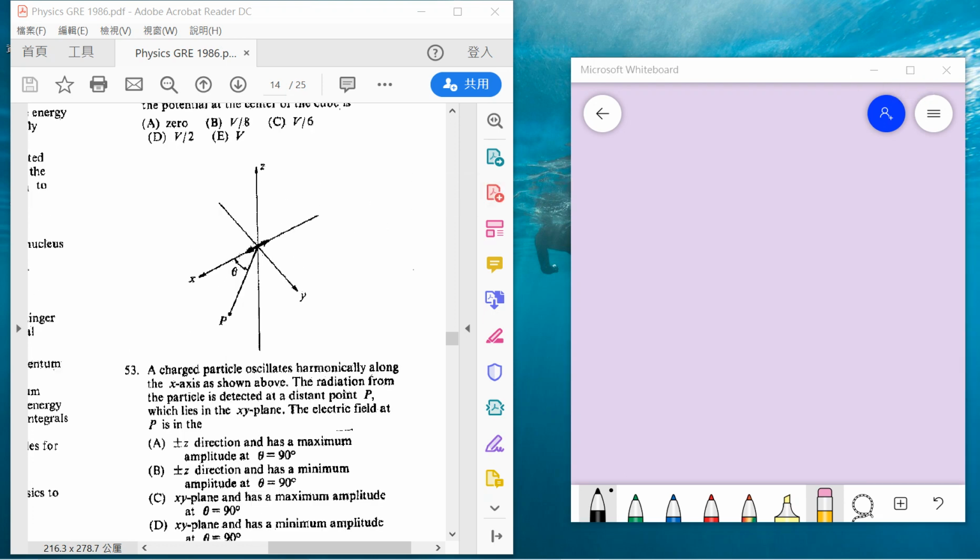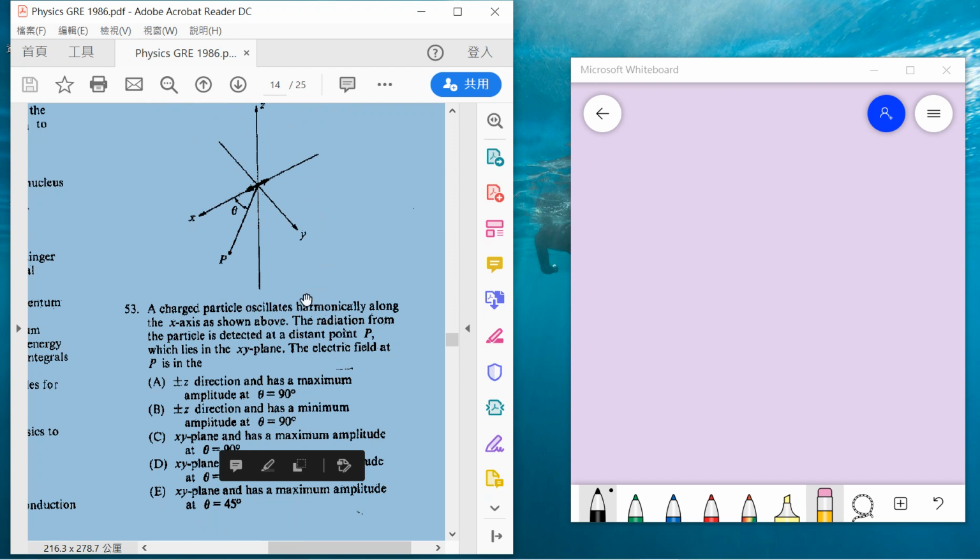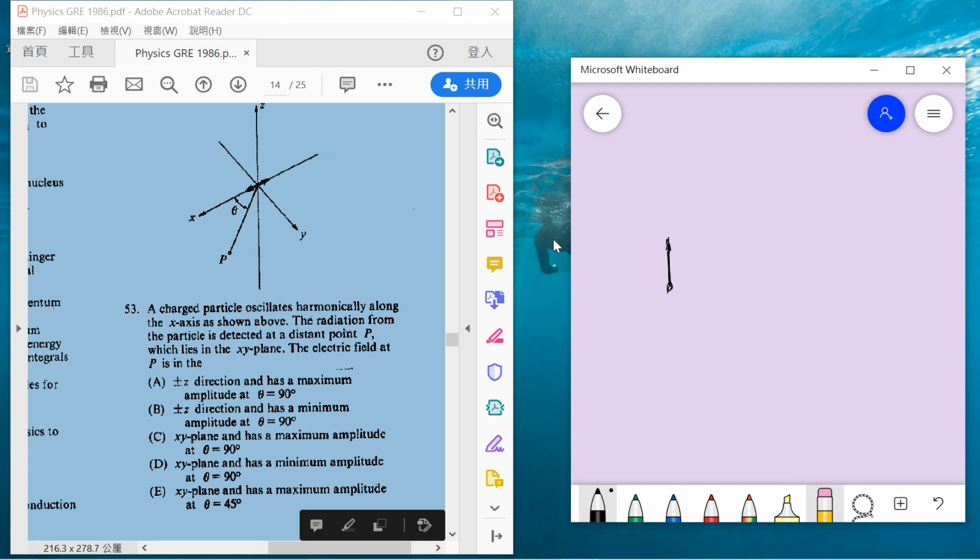This is a dipole, but it oscillates harmonically, so basically it's dipole radiation. So remember that you need to remember the field.